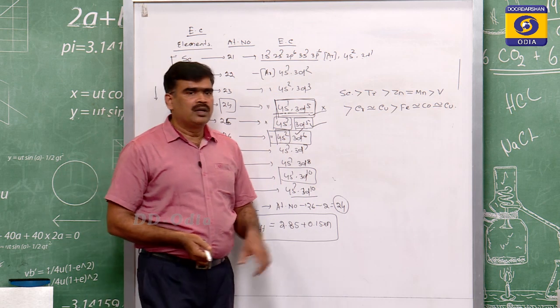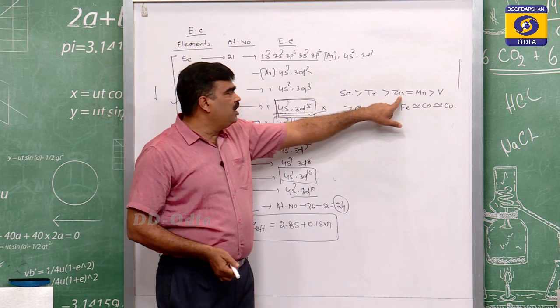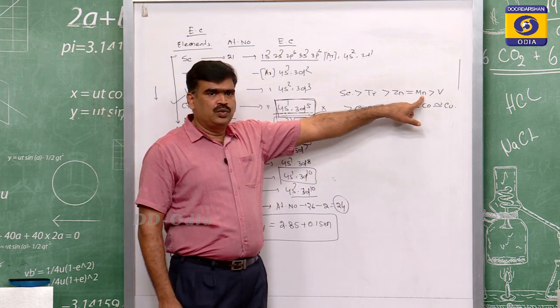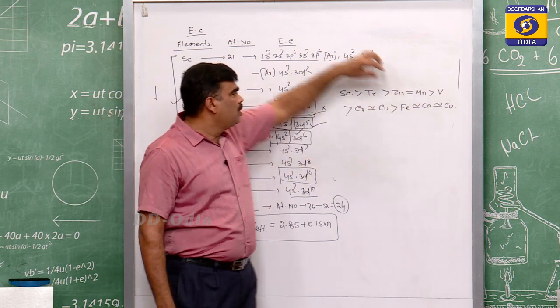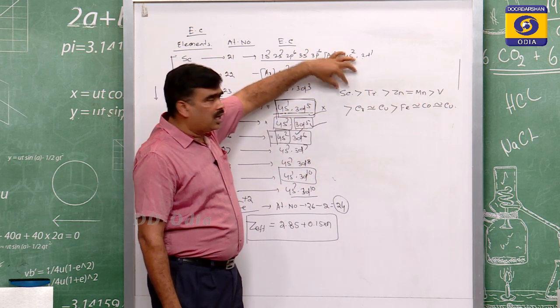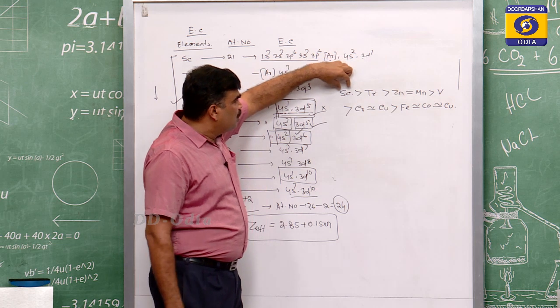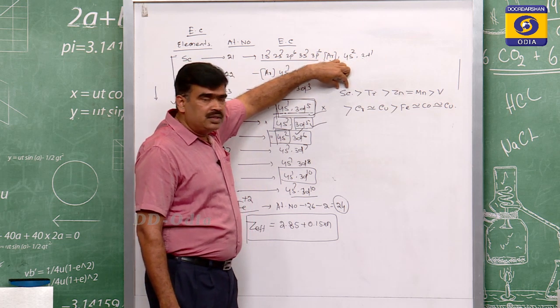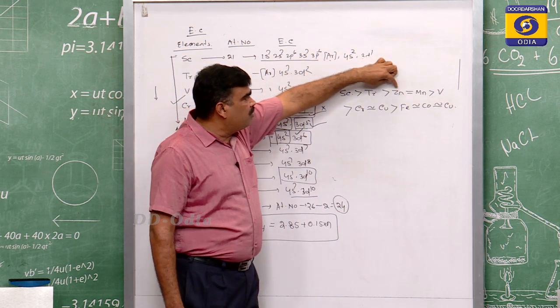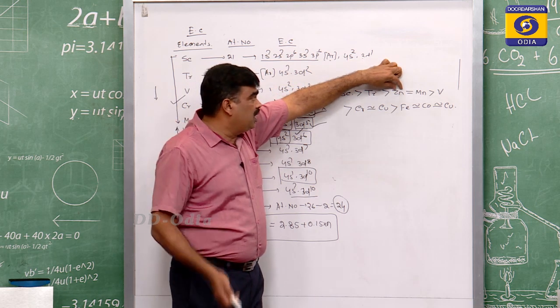How will you remember? स्कूटी में जिंक के साथ मैंगानीज, स्कूटी में जिंक के साथ मैंगानीज. See the atomic size decreases. So scandium has a higher atomic size, titanium, then comes zinc, which again increases, so zinc has a higher atomic size.